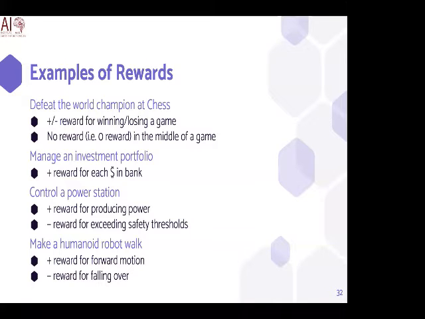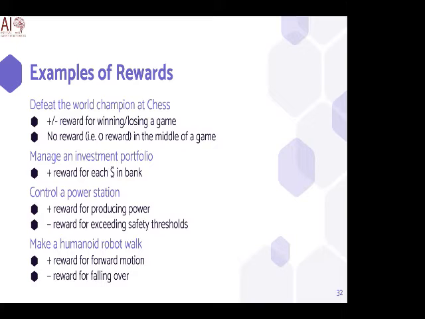These are existing reinforcement learning algorithms that can do some of these tasks. Chess, for example, it beats the world champion, so it's really good. Managing an investment portfolio is not there yet, but it is still in use. Controlling a power station, once again, it's very good at. And making a humanoid robot walk is again not completely there yet.